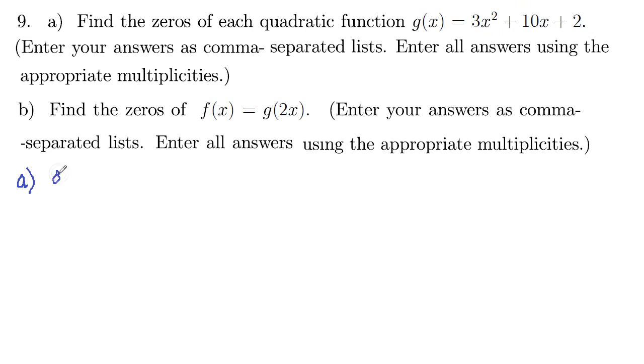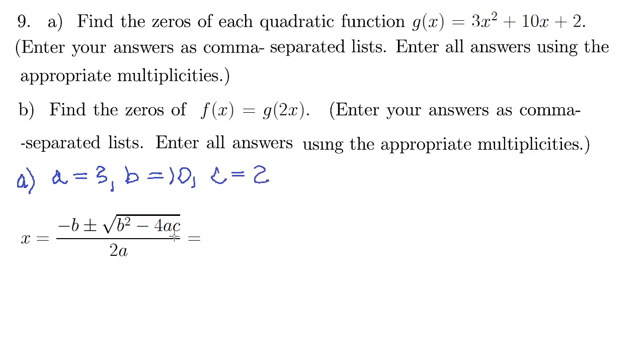So for your quadratic formula, a is equal to 3, b is equal to 10, and c is equal to 2. And then here is our quadratic formula, negative b plus or minus the square root of b squared minus 4ac, all over 2a.